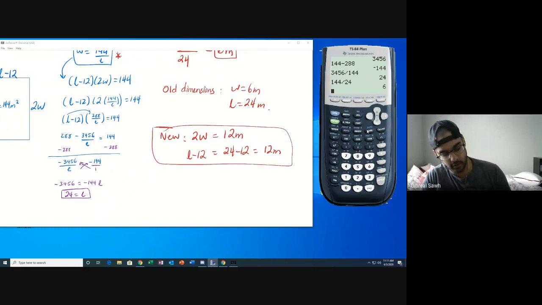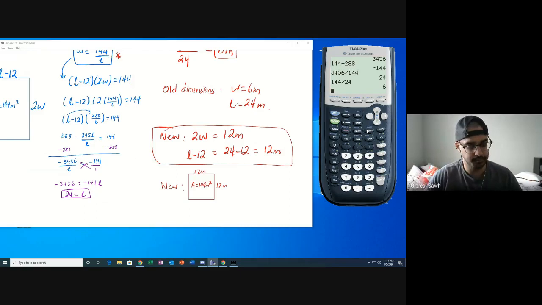If you want to draw yourself another picture, here's the new one. It is a square as best I can draw it. So 12 meters, 12 meters, and you know that 12 by 12, when you multiply them, you still get your 144. So it works great.